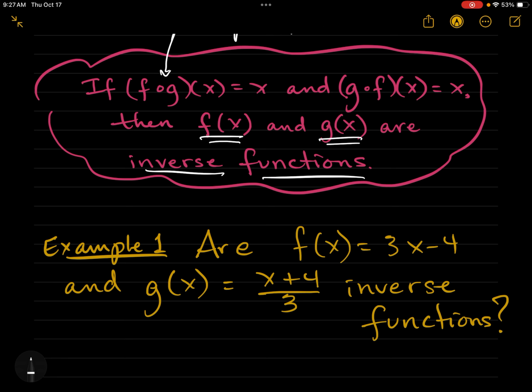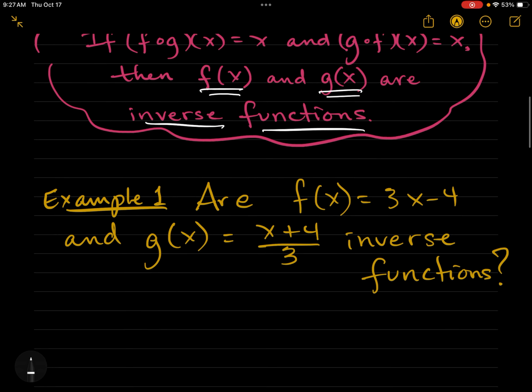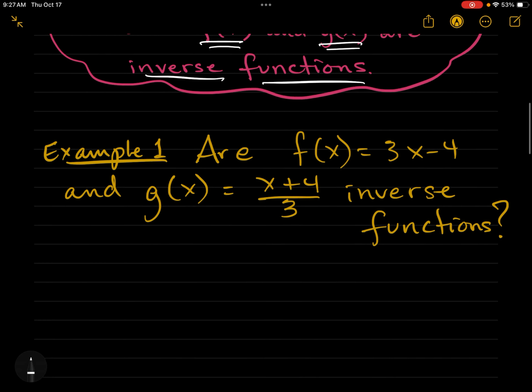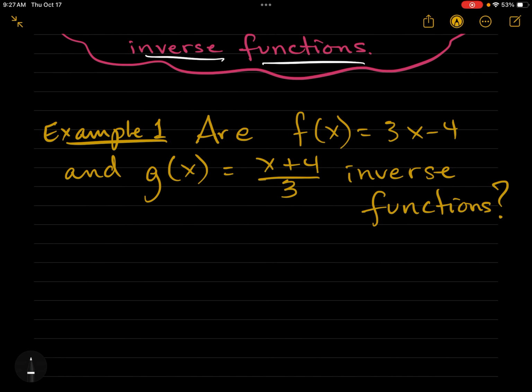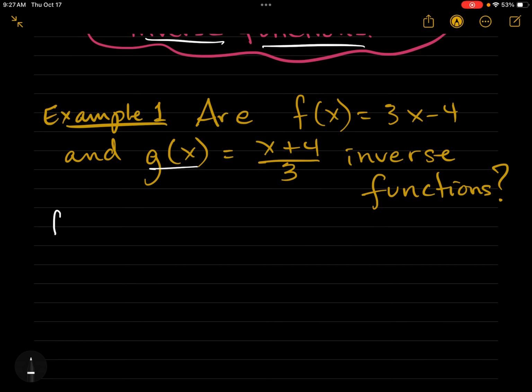If two functions are inverses, then we can put them inside of each other and we'll get x. So, are f of x and g of x inverse functions? Here's the test. F composite g of x, which means put g inside of f.